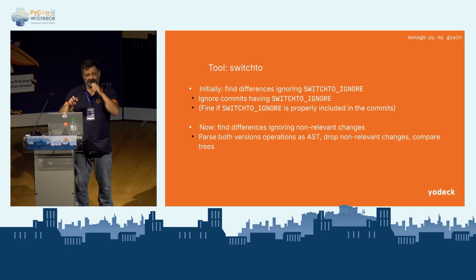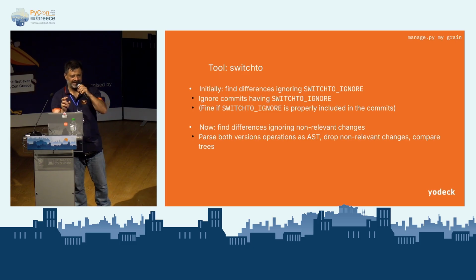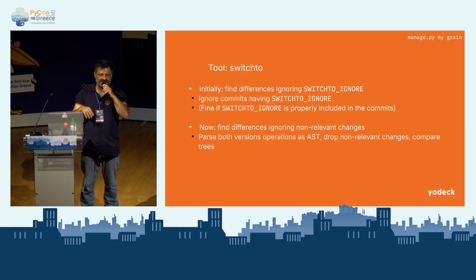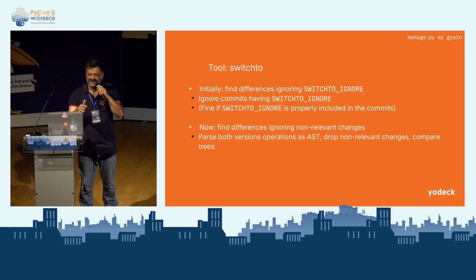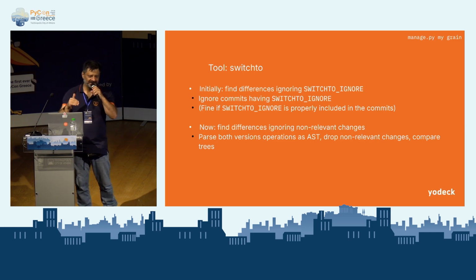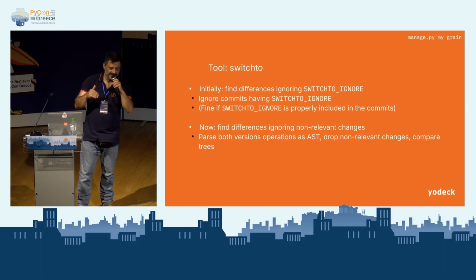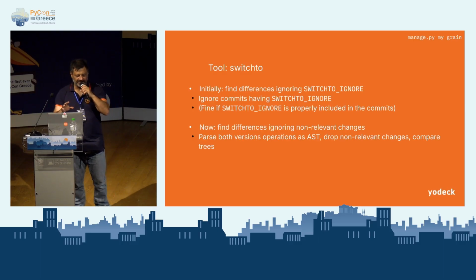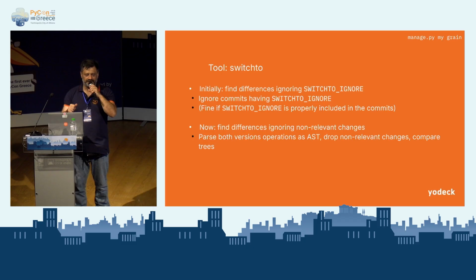So the switch to algorithm changed a little and said, if any commit has switch to ignore, then don't do the operations. But that wouldn't work, because obviously once there was a single switch to ignore, then you wouldn't take account of all the changes. So that didn't live for long. And we ended up with the following option.